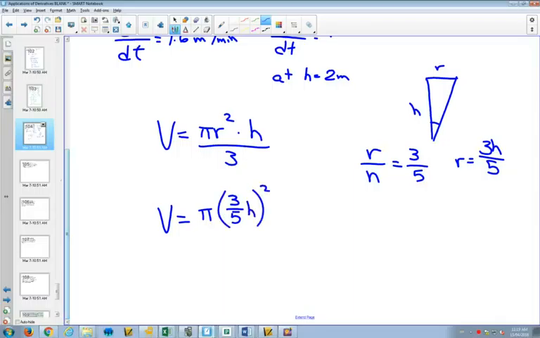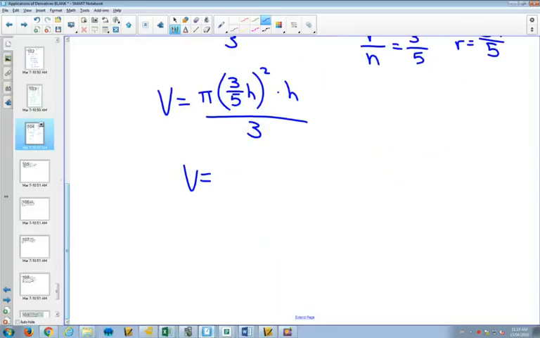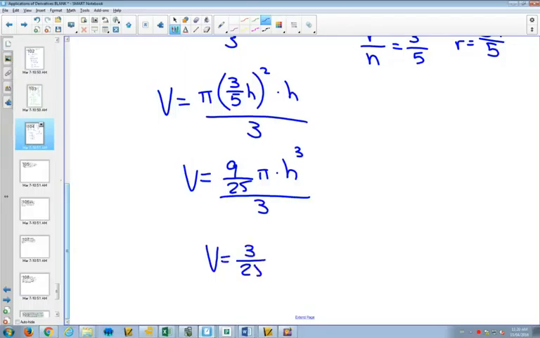The radius gets squared, so that 3/5 times height gets squared, times height divided by 3. Just simplifying this a bit, you're going to get 9 over 25 times pi times h cubed all over 3, which will give us 3 over 25 pi h cubed. So now we are able to write our equation just in terms of height.